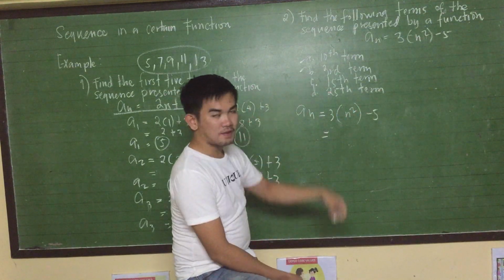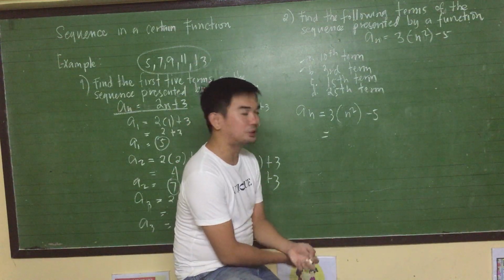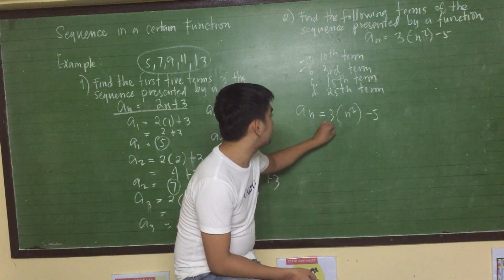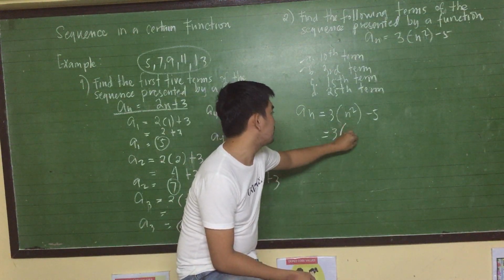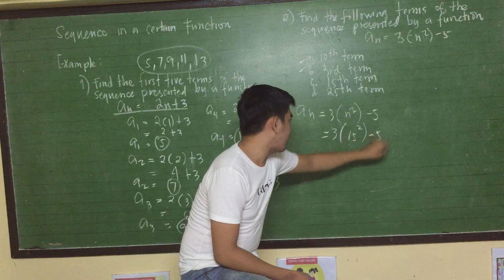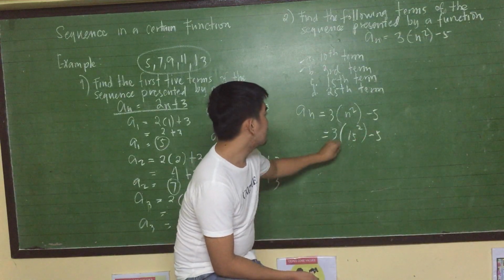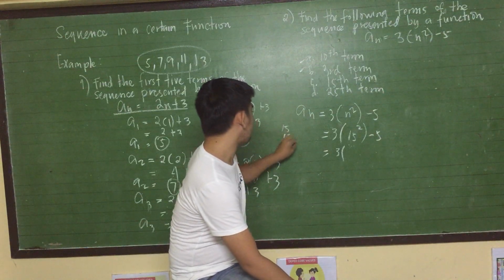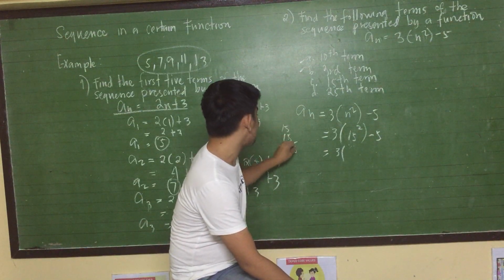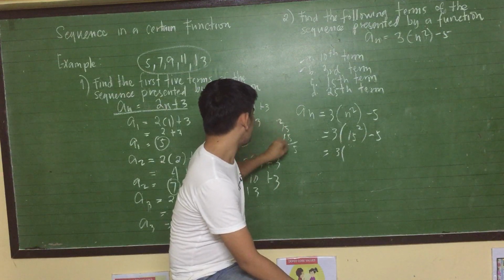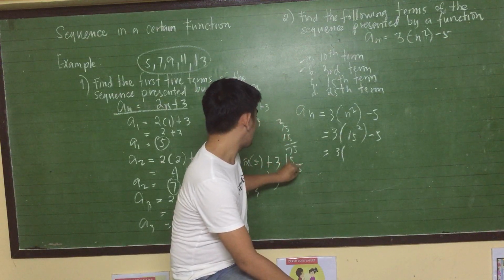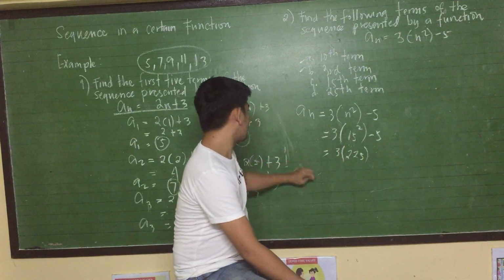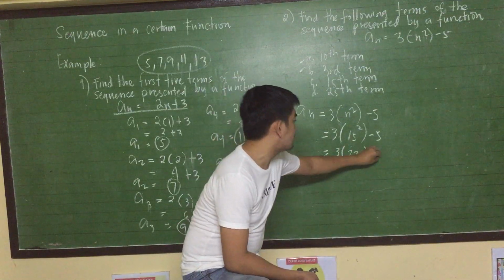Now we have 3 times 15 raised to 2 minus 5. 15 times 15 is 225, so that's 225 minus 5.